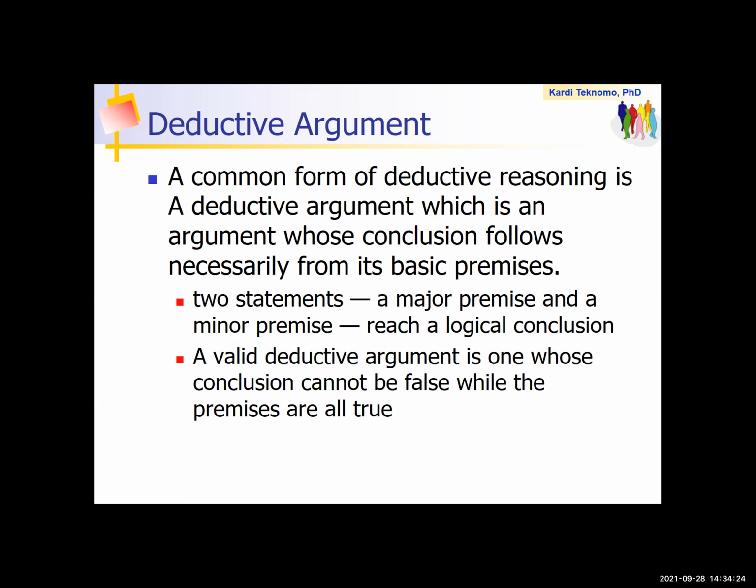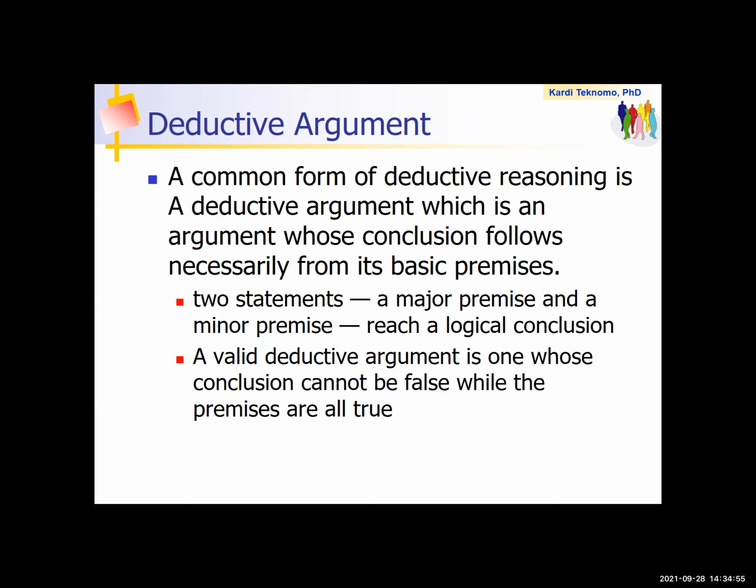So then what is a deductive argument? Of course, deductive reasoning will have a form. That very common form is called a deductive argument. We have learned this many times. Usually you have two or more statements. The first statement is usually called the major premise. The second is called the minor premise. And then you have a conclusion.